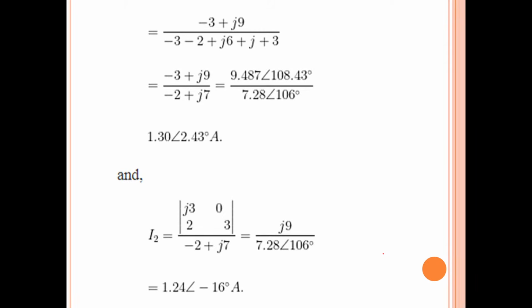Just copy it down. Simple mathematical simplification. Nothing is there for me to explain to you. Just look at the equations. You will get the idea how to solve it. That's it. In a similar pattern to I1, I have solved I2. Here equal to is missing. This is I1.